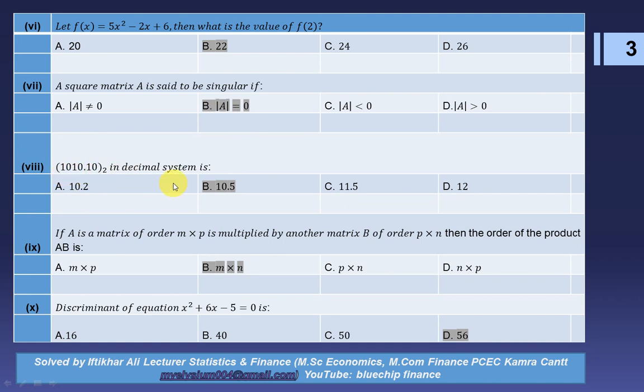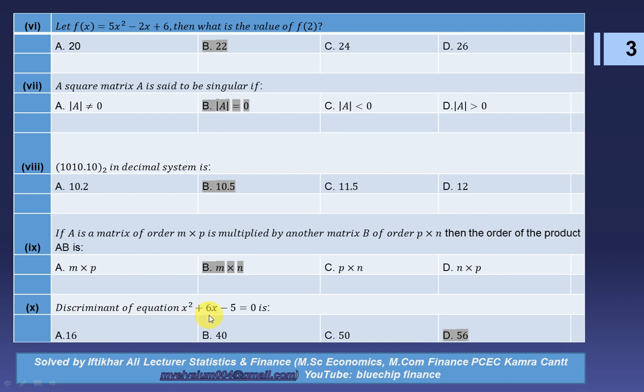1010.10 binary in decimal system: correct option is 10.5. If A is a matrix of order m multiplied by p is multiplied by another matrix B of order p multiplied by n, then the order of the product AB is, correct option is m multiplied by n. Discriminant of equation x square plus 6x minus 5 equals 0 is 56.